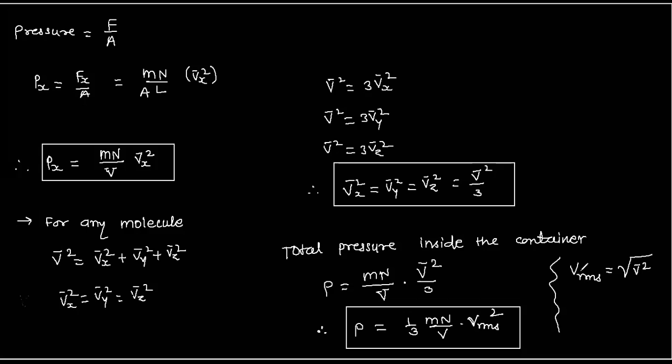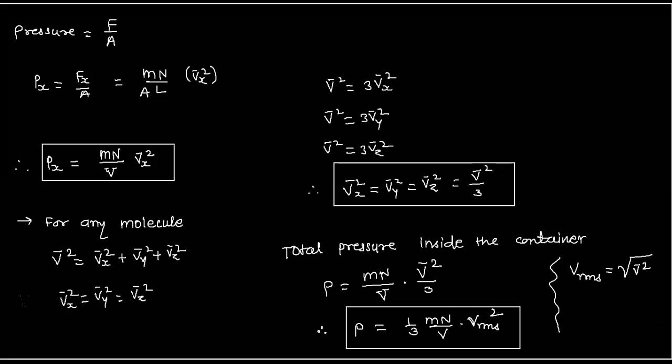And one note point ahead: P is equal to 1 by 3 m n by V into V RMS whole square. This is the first one.